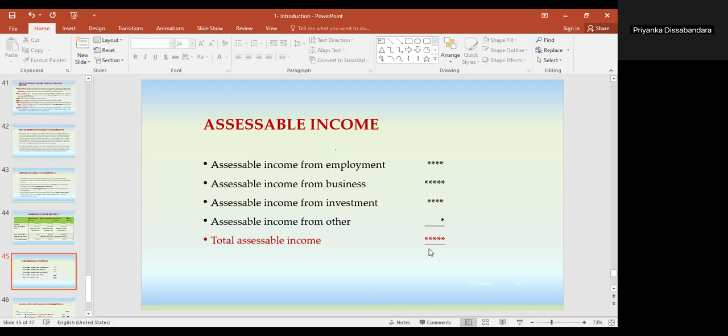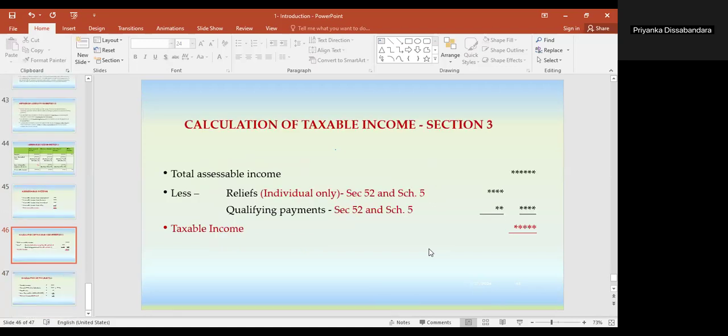Then we will have total assessable income. For that total assessable income, we have to deduct tax reliefs and qualifying payments. After deducting reliefs and qualifying payments, we will receive taxable income.